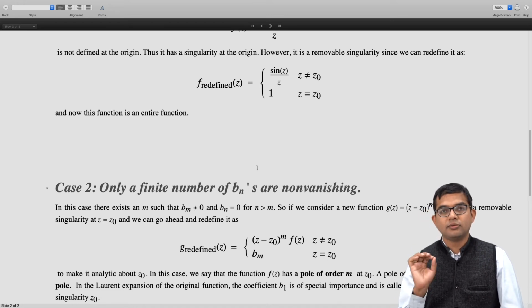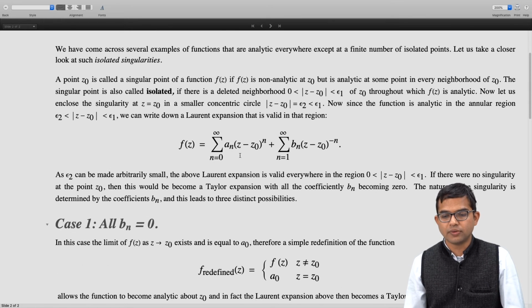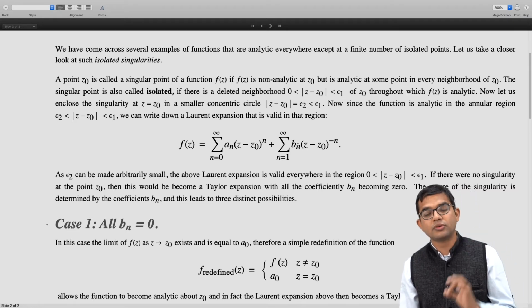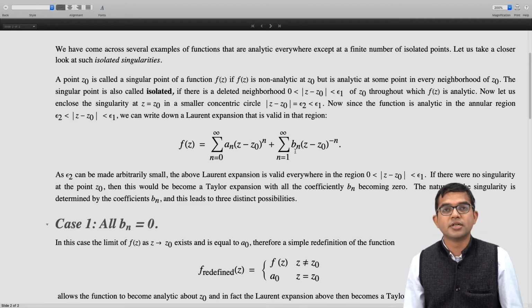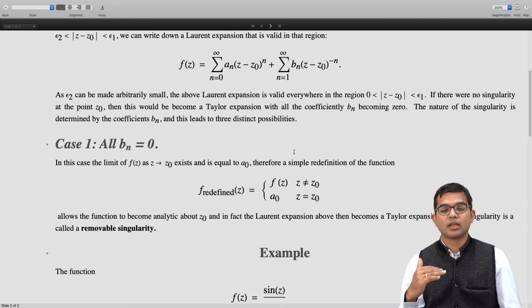a very important definition at this point is that of the residue. Among all these coefficients, when you have a Laurent expansion of this kind about an isolated singularity, all these coefficients are important to some extent, but there is one coefficient which is of great importance, and that is the coefficient b1. This coefficient b1 corresponds to the term 1 over z minus z naught.